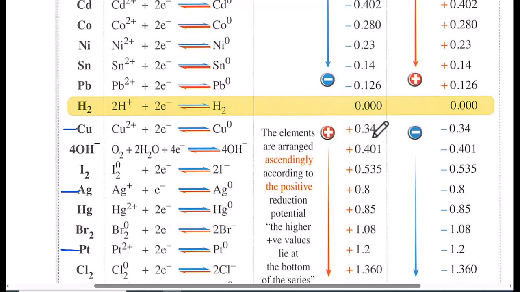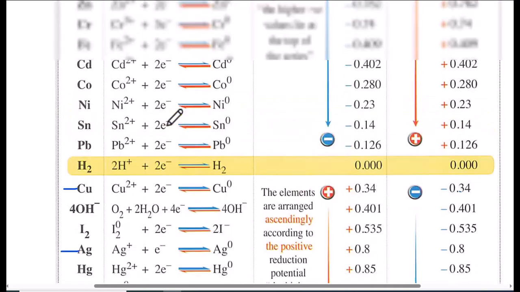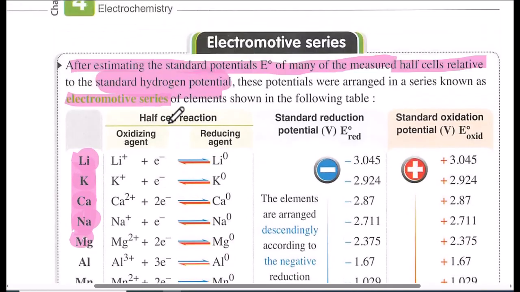As we go down, the reduction potential increases, and their oxidation potential is very low; as we go down, the oxidation potential decreases. So another time, the electromotive series is the arrangement of elements descendingly according to their oxidation potential and ascendingly according to the reduction potential.